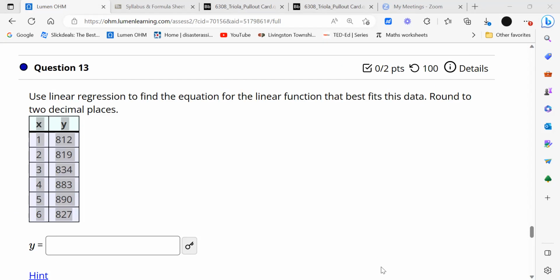We need 3 columns: X times Y, X squared, and Y squared. So let me format it really quickly. Put in size 10, then body, then center, all borders.